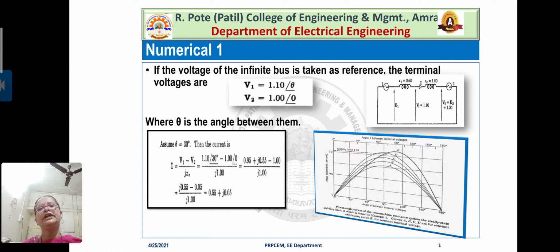Now you can carry out your phasor algebra. You have to convert polar to rectangular or rectangular to polar to obtain the answer. The same procedure has been carried out here. You can do it, so I leave this for you. You can try this.